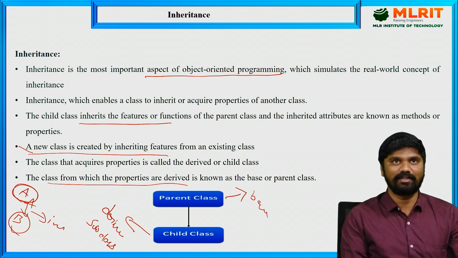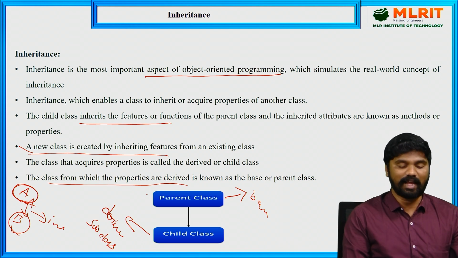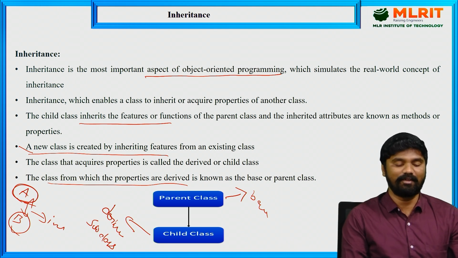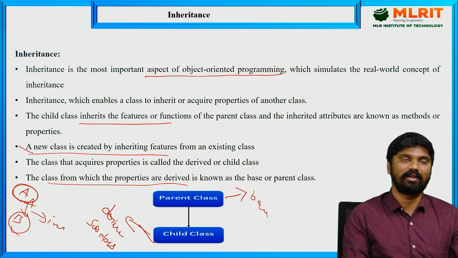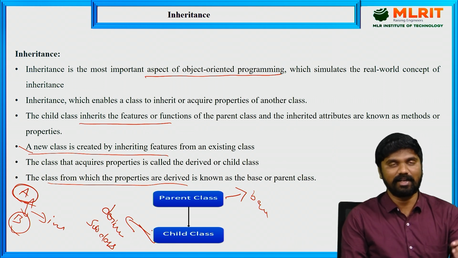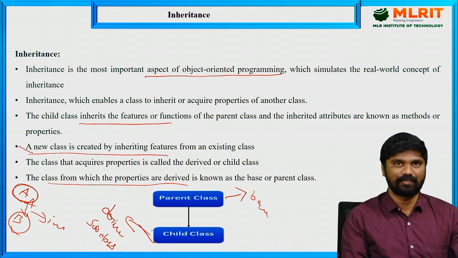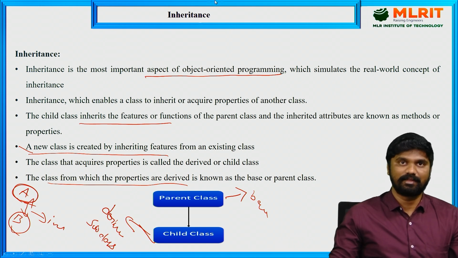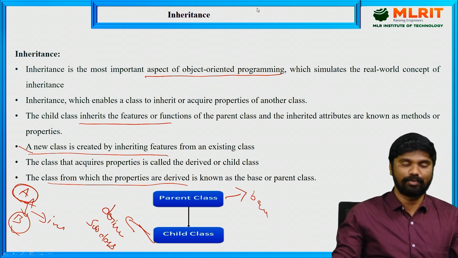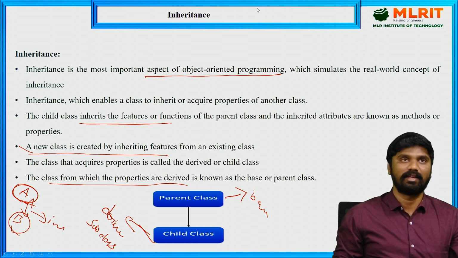So finally, inheritance means accessing or acquiring the properties and behavior of the parent class by the child class. The child class is also known as derived class or subclass, and the parent class is also known as base class or superclass.